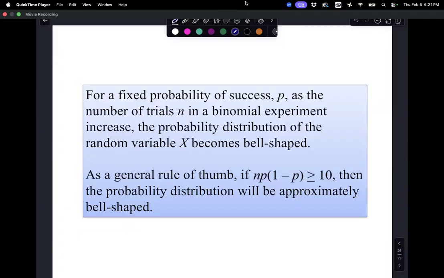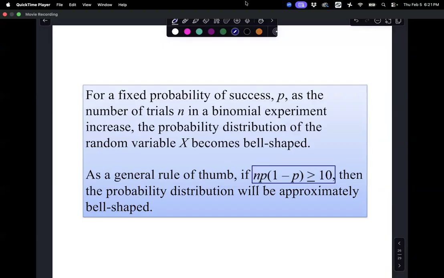Now, this little thing that I'm going to give you is something that's going to come up over and over again. It's going to come up in the next several chapters. Actually, I think it comes up in every chapter from here on out. As the number of trials increases, our probability distribution gets more and more bell-shaped.